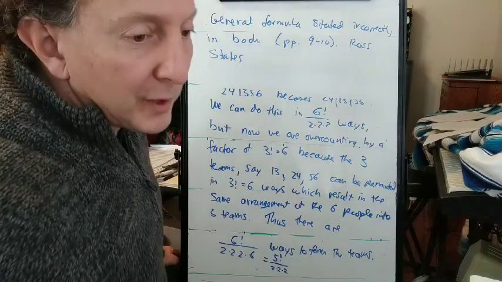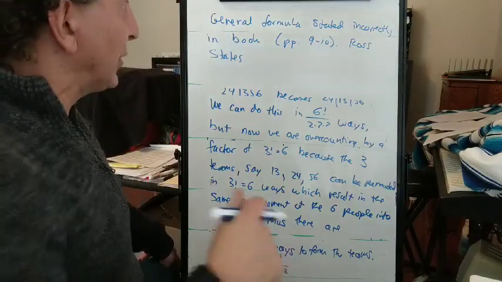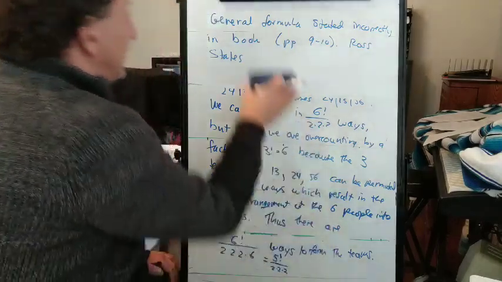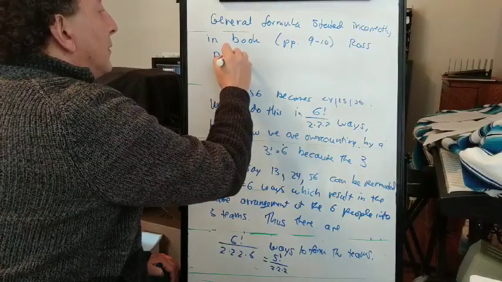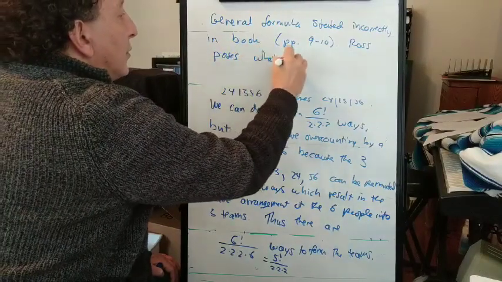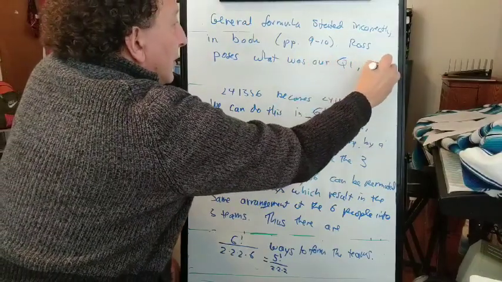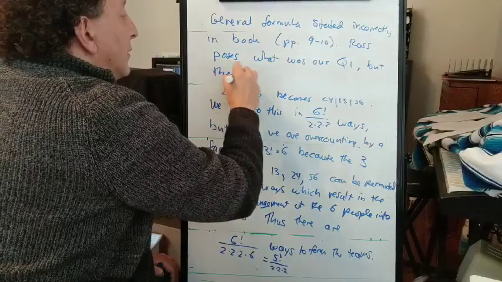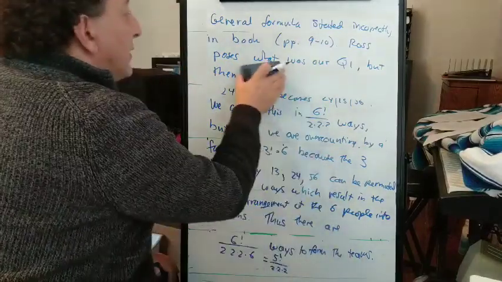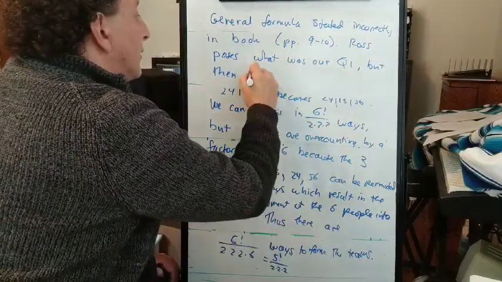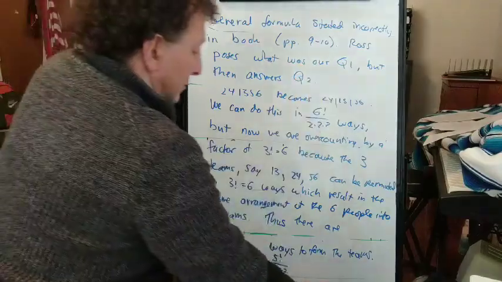So Ross states what we called question 1, but then he gives the answer to question 2. Let me say he poses question 1. But then he answers question 2.